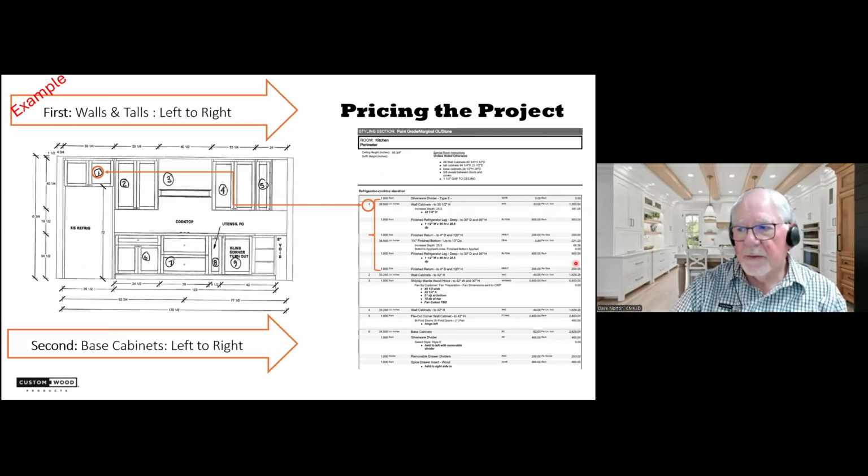But as we get to a hood, it's an each item. And this hood is 40 1/2 inches wide at $5,600 for the unit. If you put 40 1/2 as your quantity, you're going to exceed your client's budget, I'm pretty sure. So you're going to number, we're matching numbers, drawings to pricing.